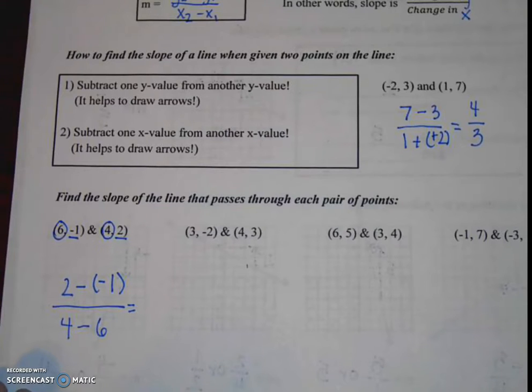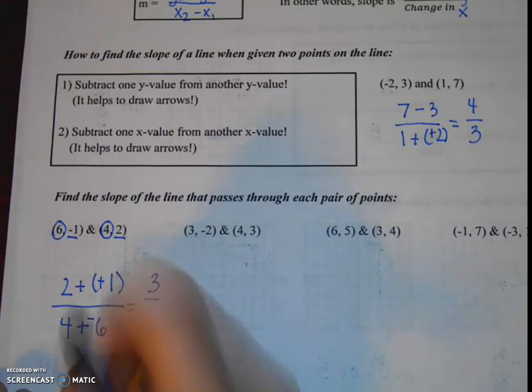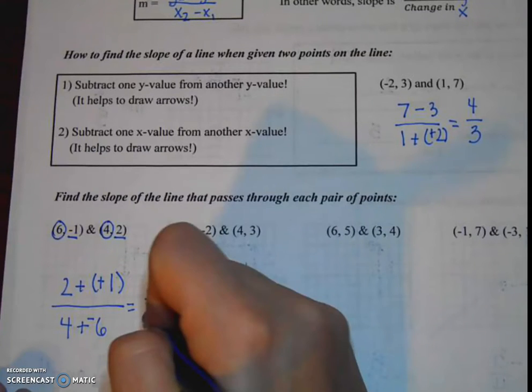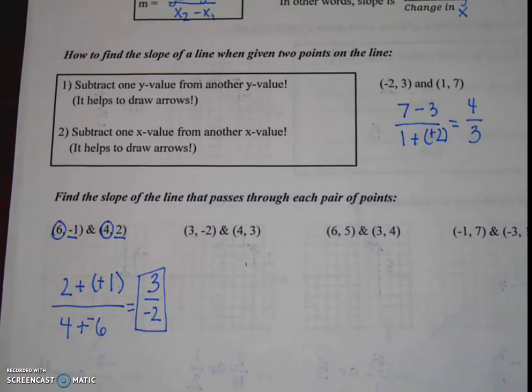Then use keep, change, change. That's going to be 2 plus 1 is 3. All over, keep, change, change, 4 plus negative 6. Okay, 4 plus negative 6 is negative 2, making my answer negative 3 halves.